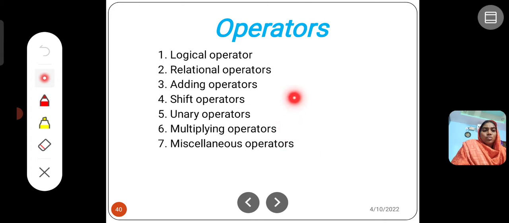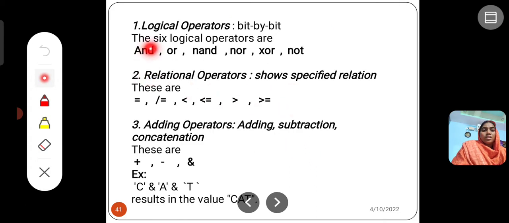So we will discuss what a logical operator is. Logical operators are mainly bit by bit operators. These will give the logical operation between inputs and outputs. In VHDL we use 6 different logical operators.